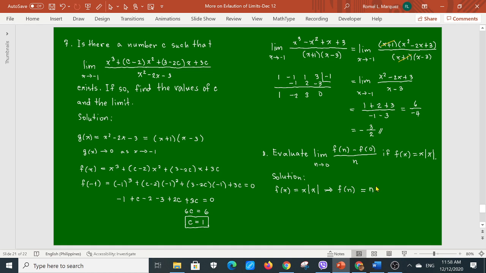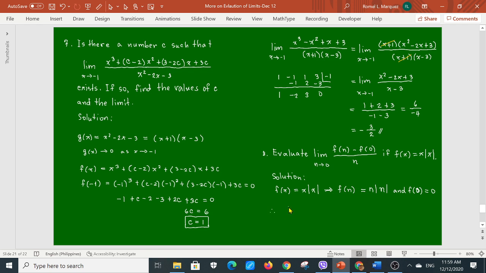That is n times the absolute value of n. Okay? What about f of 0? And f of 0 is what? 0 times 0. So, 0. Am I right, guys?